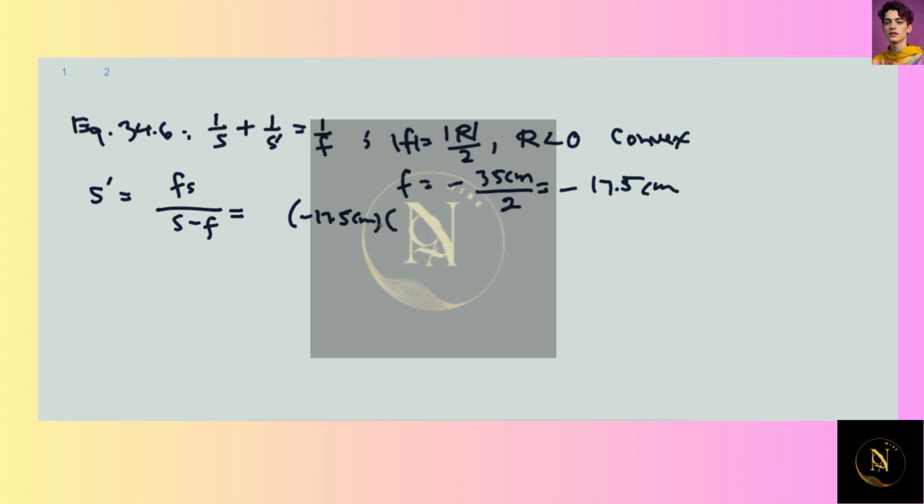And s we were given is 60 centimeters. And we have 60 centimeters minus 17.5 centimeters. And this results in minus 13.55 centimeters. So that is where the image is formed.